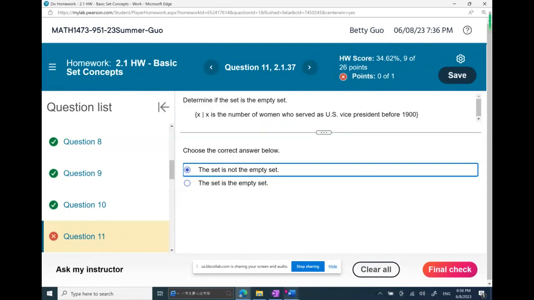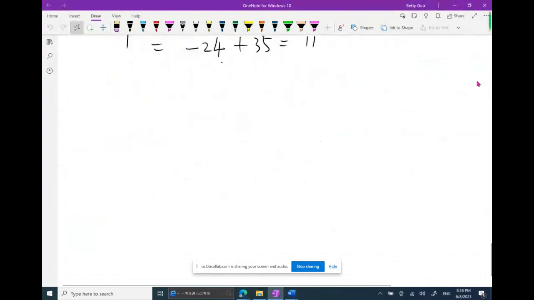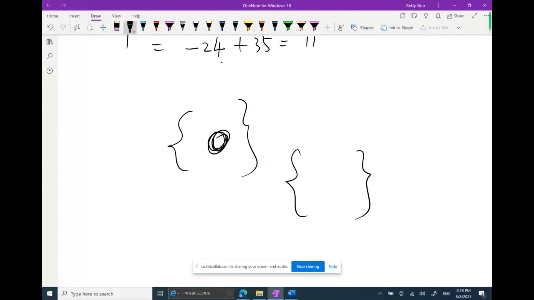X is a number anyway. It's not empty because this is the set. It has 0 as the element, the number. If it's a vice president, I don't know. Do we have any women vice presidents before? I don't think so. No, it's still 0, so it's not empty.